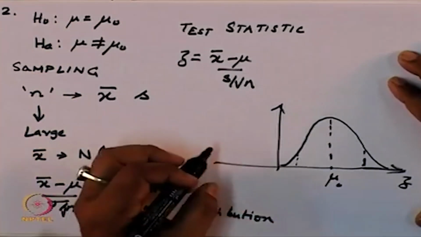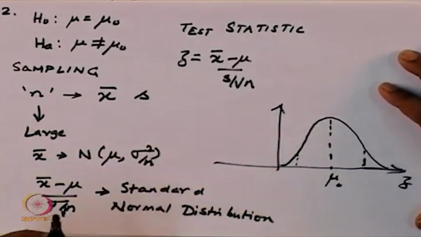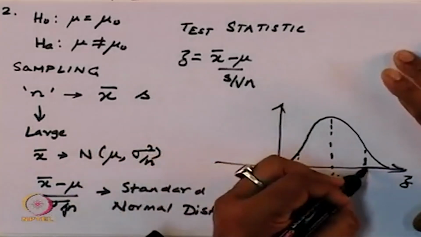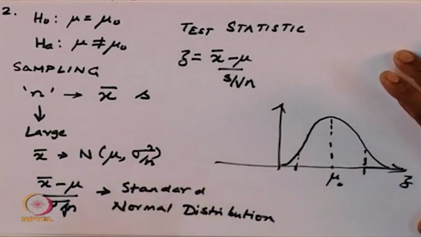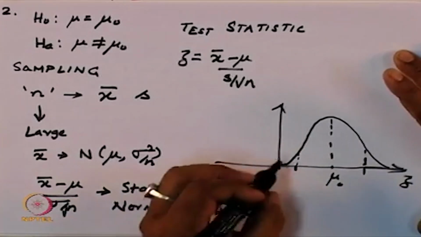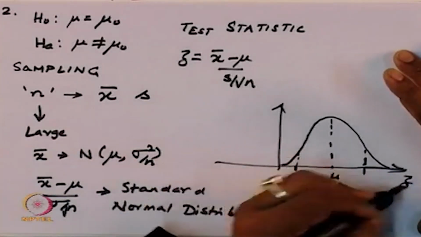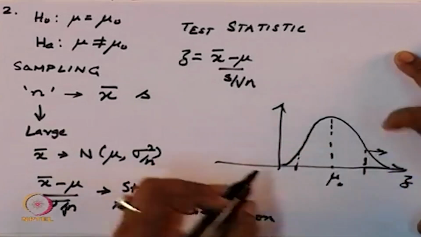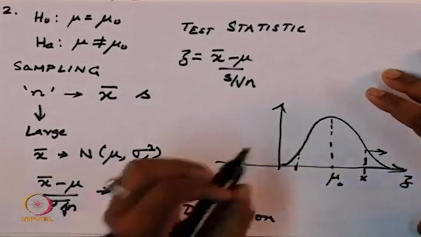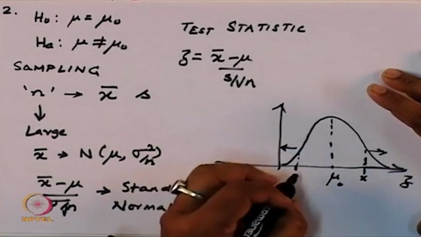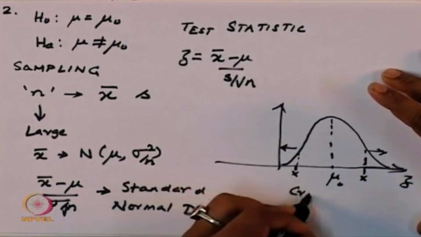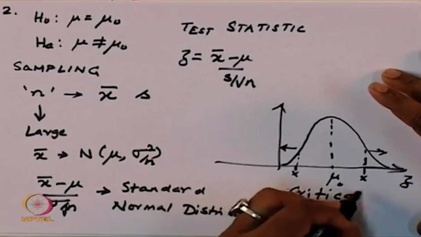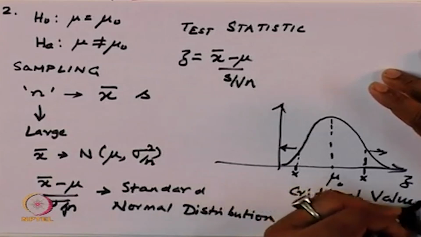So, you decide based on what is called a rejection region. For a two-tail test the rejection region is when your value of z is either greater than this particular threshold, or it is less than this threshold. These values are called the critical values.